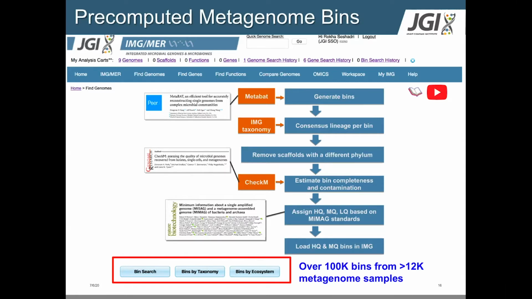And all of these bins can be retrieved or explored based on their taxonomic affiliation, based on both an IMG-centric methodology, as well as the Genome Taxonomy Database taxonomy that you used probably this morning, GTDB-Tk, or by their underlying environmental or ecosystem metadata. And then you can do these cross metadata searches using a bin search tool.